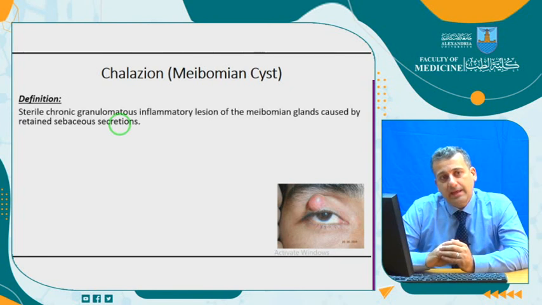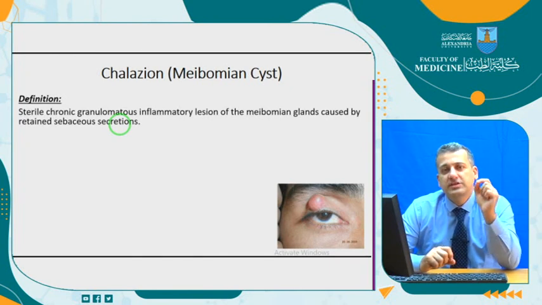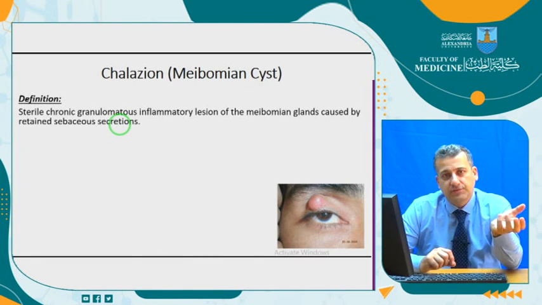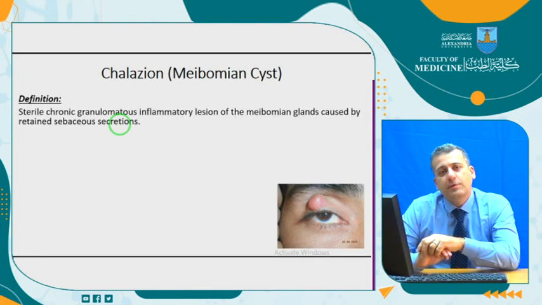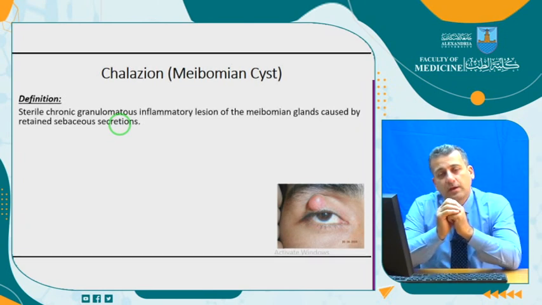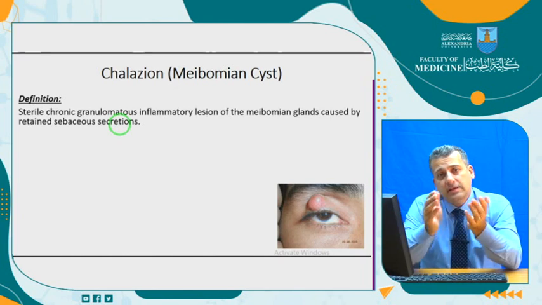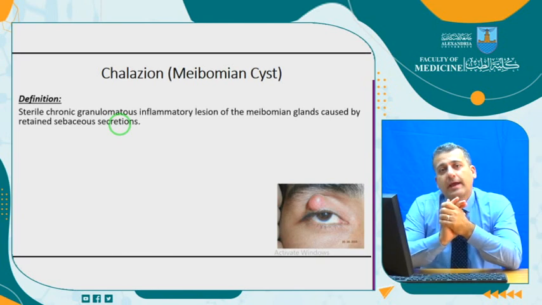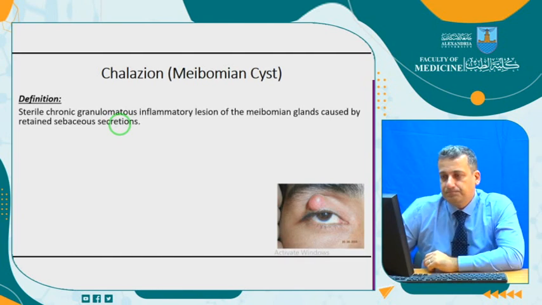So if it is retained, because the gland of the meibomian is occluded by any reason, there is no exit for this sebaceous or oily material to the outer surface. So it's going to be retained inside the meibomian gland, and the retention will lead to swelling and swelling and swelling of the meibomian gland, and the chronicity will lead to granulomatous reaction and causing the chalazion.